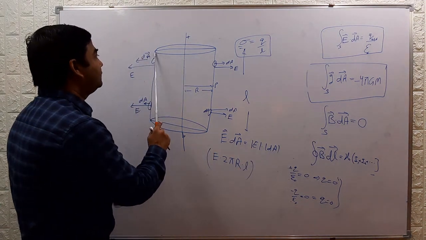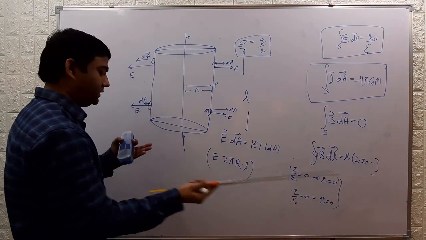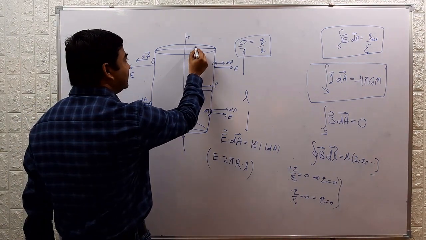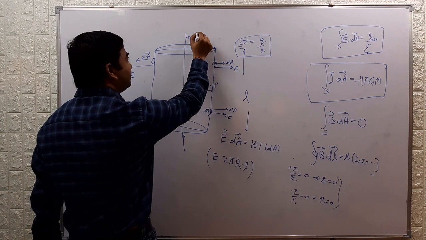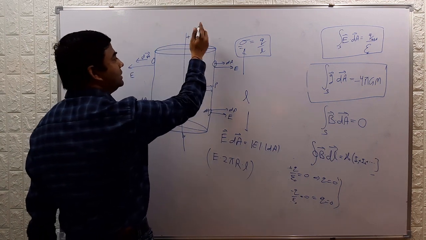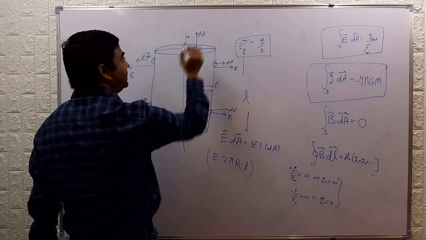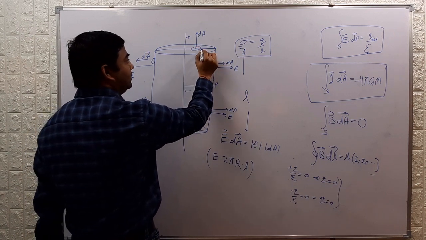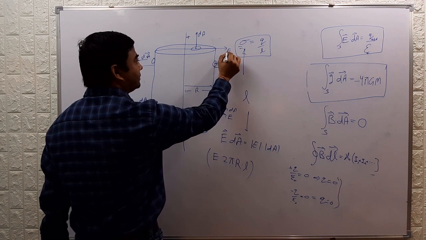Similarly, consider the two flat circular surfaces. Here also dA is outward from the surface, and the direction of E at all these points is outward from the wire.